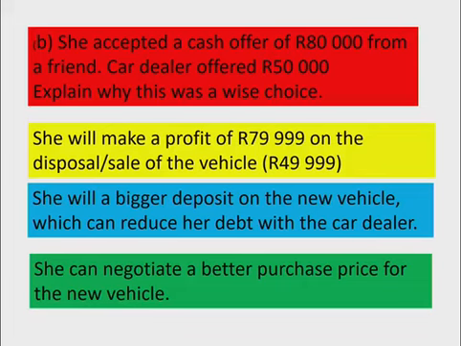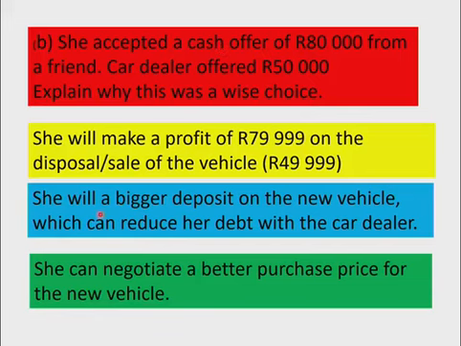Okay? So making a bigger profit of 79,999 instead of 49,999, which is a difference of 30,000 Rand. So she's only making 49,999 if she took it from the car dealer, but she's making 79,999 if she's selling it to a friend, and that will be a cash offer.